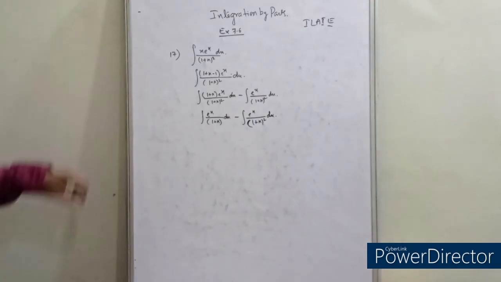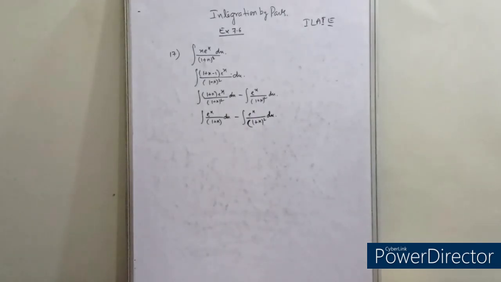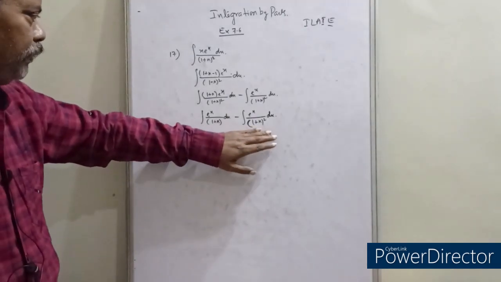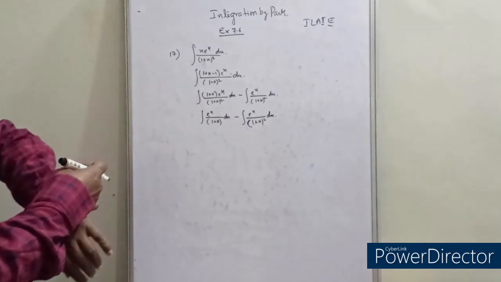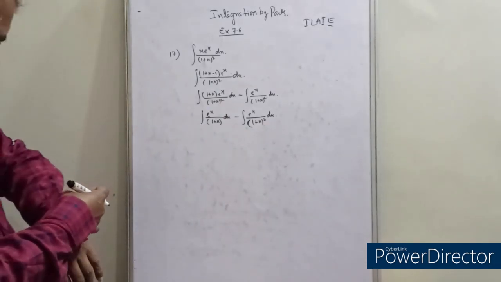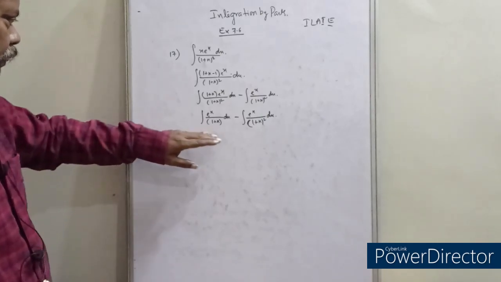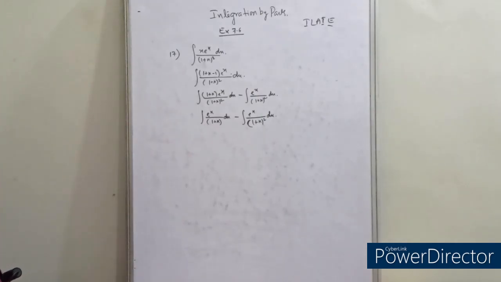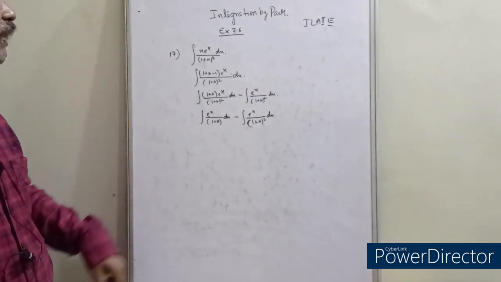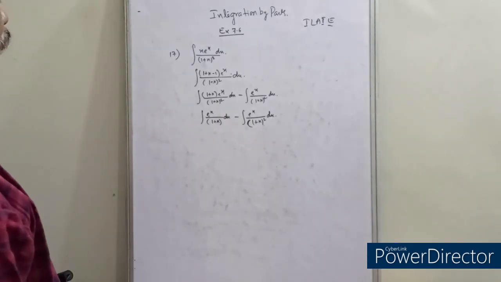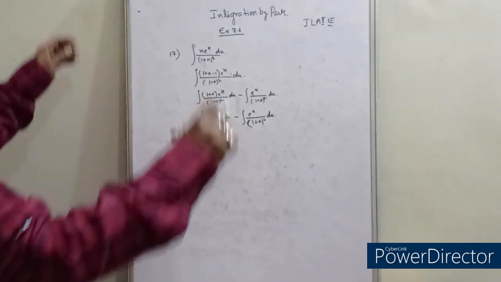What I am going to do here is keep this as it is, and only integrate this. Here 1 by 1 plus x is considered as algebra and e to the power of x as exponential.